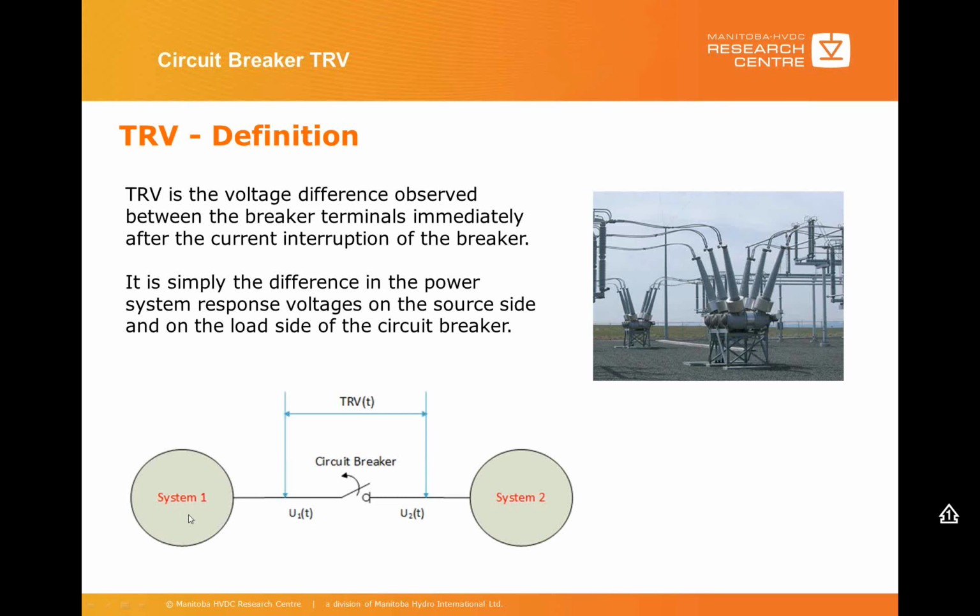So both system 1 and system 2 try to adjust for the new conditions, so there will be a transient movement. On the system 1 side, you see the transient voltage U1, and on the system 2 side, U2. The difference of these two voltages is the TRV across the breaker.